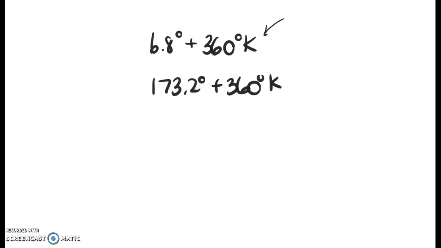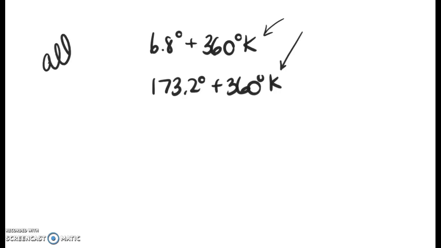And you have to use the variable K because it tells you to use K for any integer. So this will generate, when you put in -1, 0, 1, 2, 3, all the way to infinity, all the angles that are coterminal at 6.8. And this one will generate all the angles that are coterminal with 173.2 degrees.